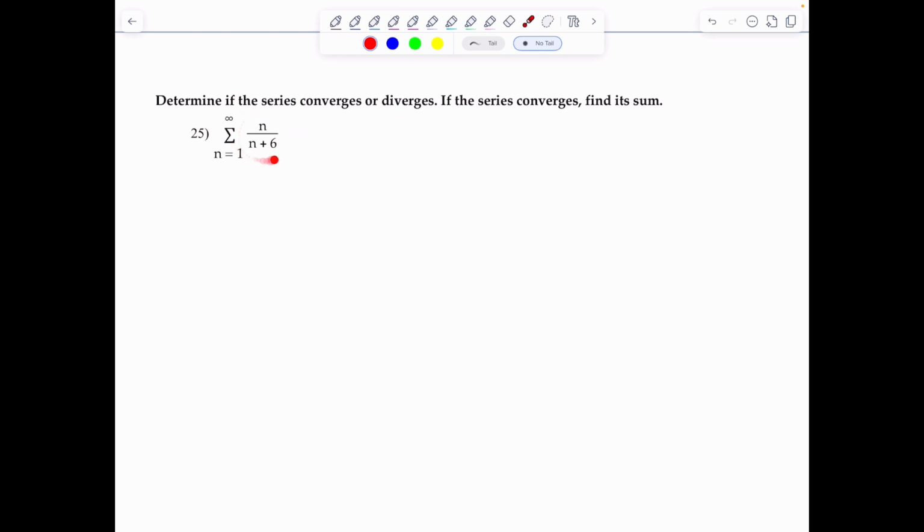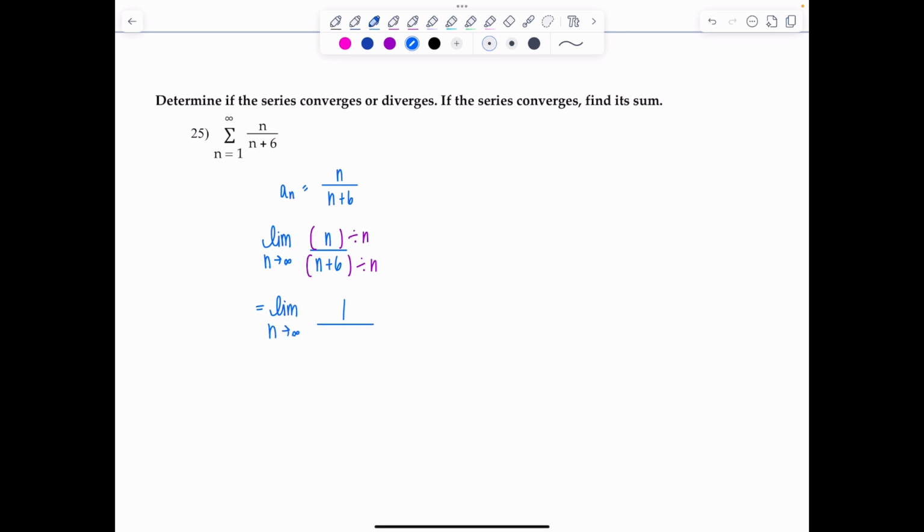And look here, look at the terms. Something very important is going on. A sub n is n over n plus 6. What happens if you take the limit as n approaches infinity of n over n plus 6? If you want to divide by n, top and bottom, to take that limit, feel free. So this is the limit as n approaches infinity of 1 over 1 plus 6 over n. 6 over n is going to go to 0.